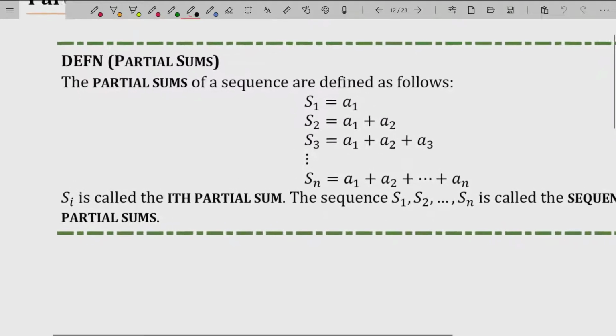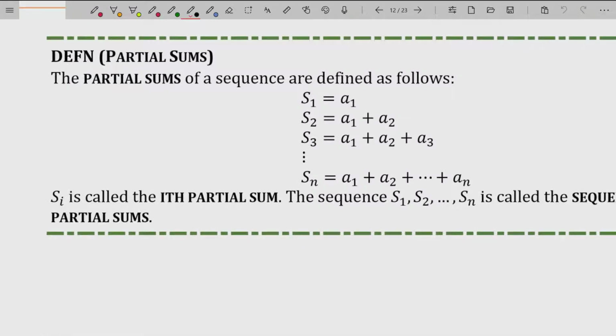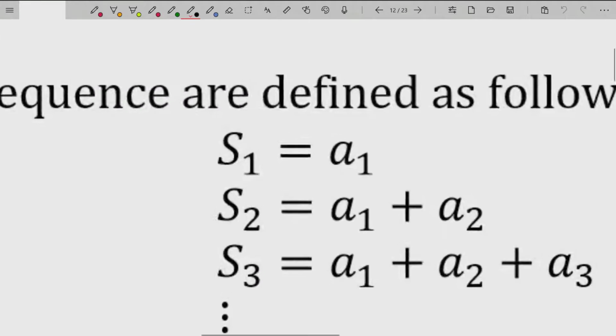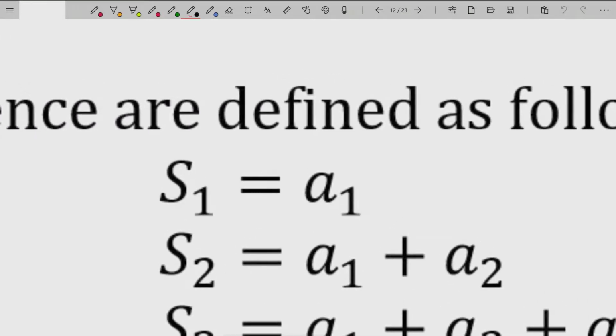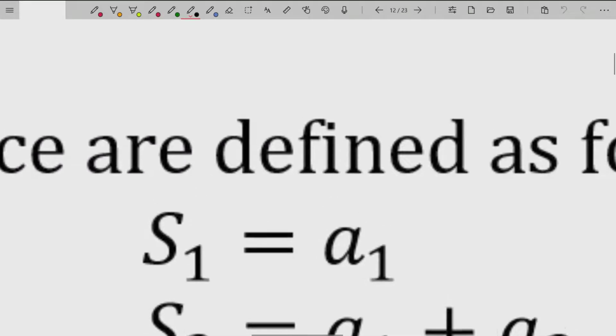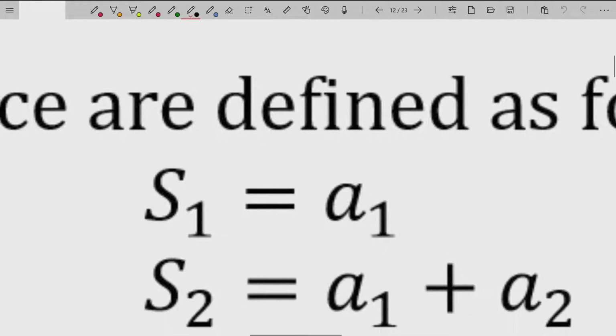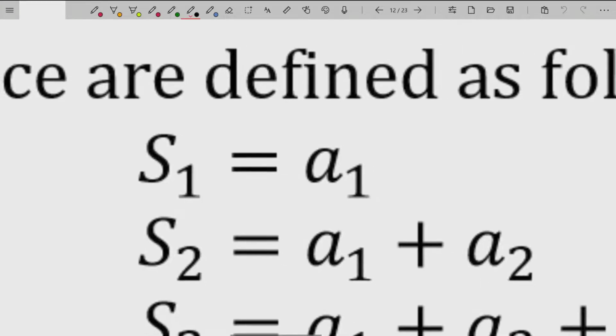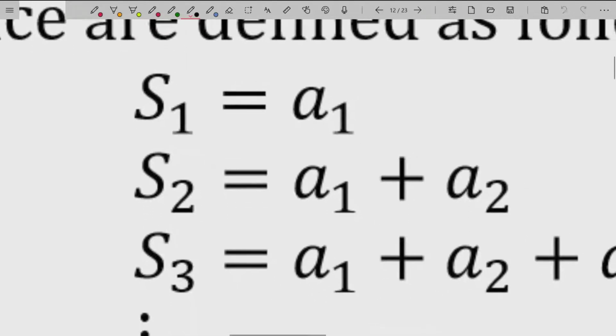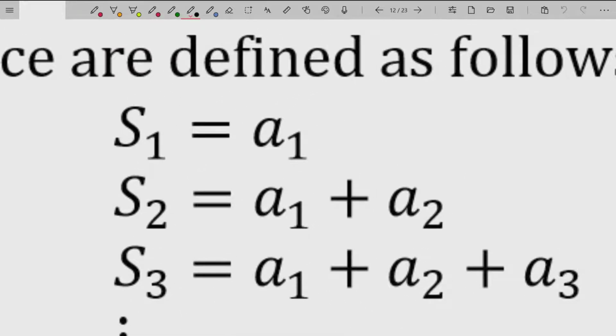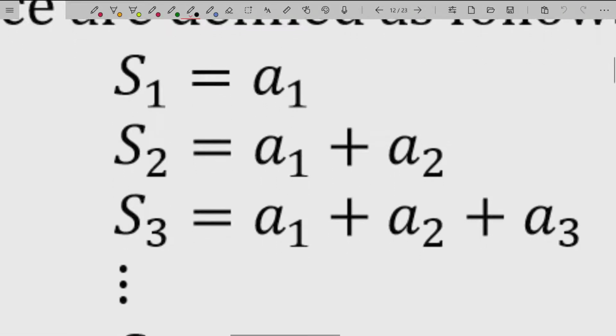So what is a partial sum? Well, a partial sum of a sequence is defined as follows. S sub 1 is the sum of the first element of the sequence. S sub 2 is the sum of the first two elements of the sequence. S sub 3 is the sum of the first three elements of the sequence, and so on and so forth.